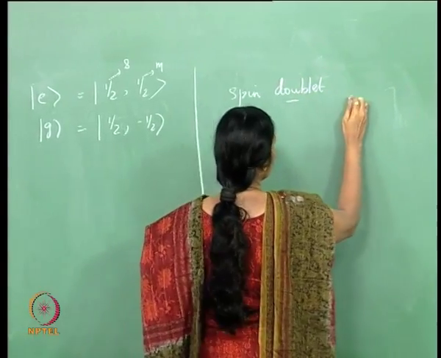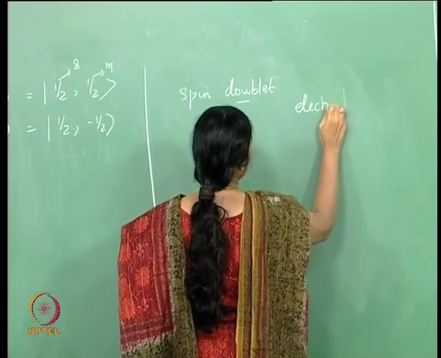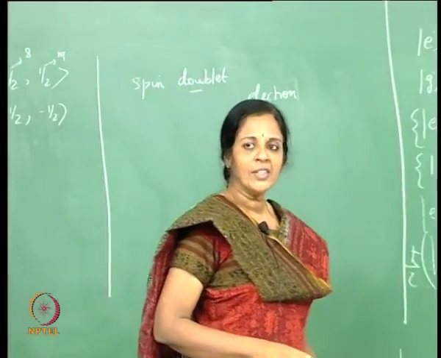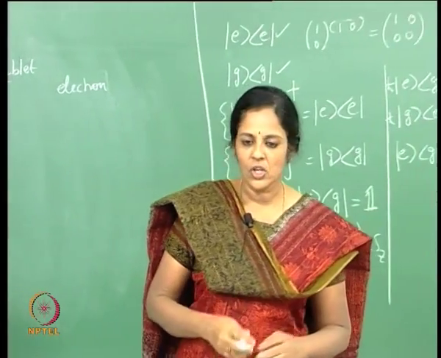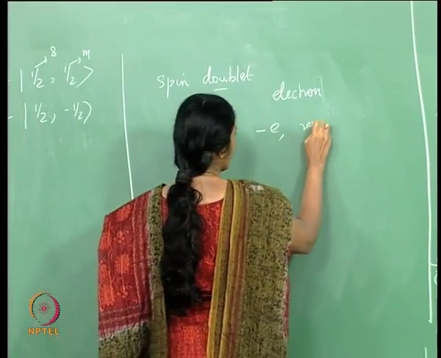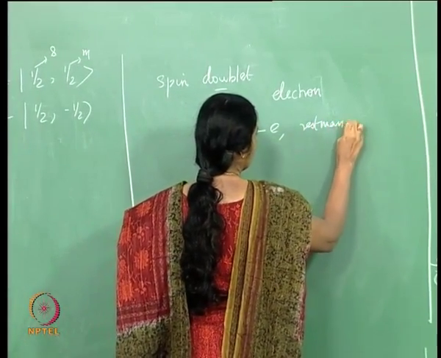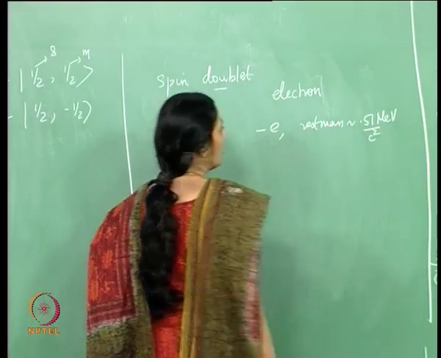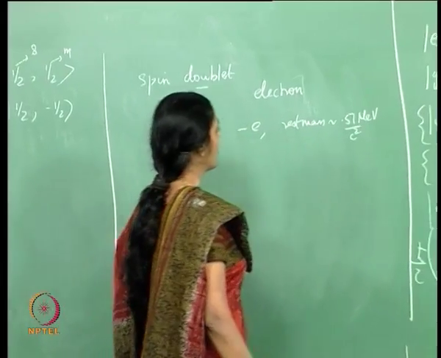In particular, I can talk about the electron. An elementary particle which has got charge minus e and rest mass approximately 0.51 million electron volts by c squared, where c is the velocity of light in vacuum.